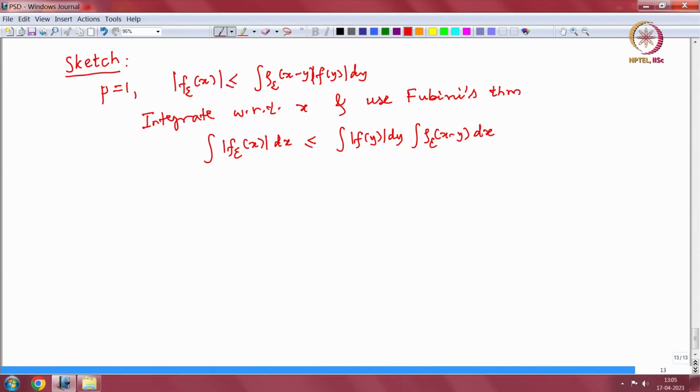I am already using Fubini's theorem, but this is equal to 1, and this is just the norm of f in L^1.